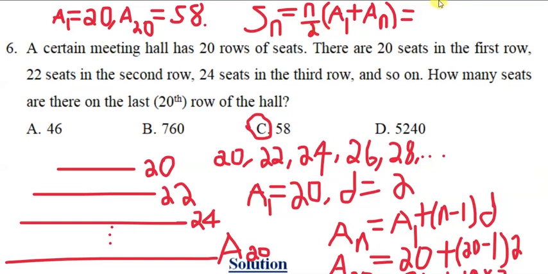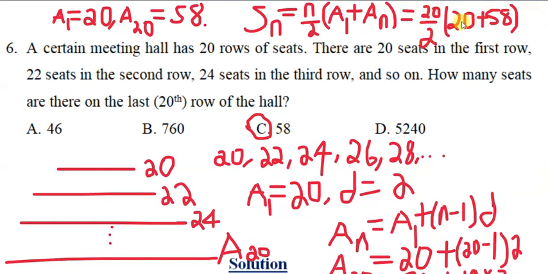So S20 means 20 over 2 times the sum of our a1, which is 20, and our a20, the final or last term, which is 58. Add 58 and 20, and multiply the result by 20 over 2.